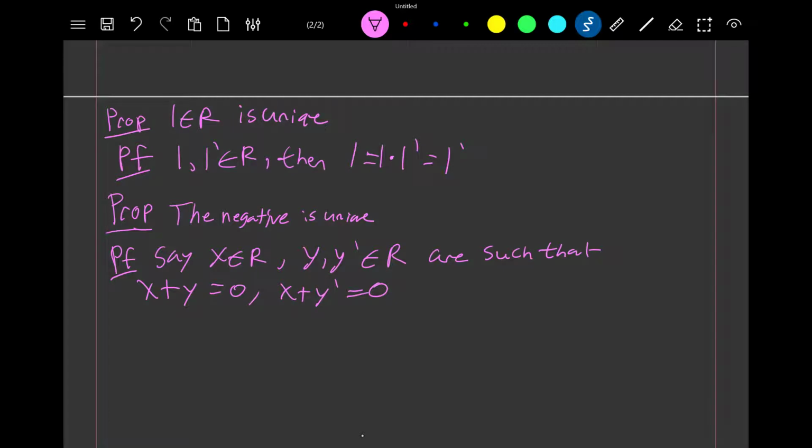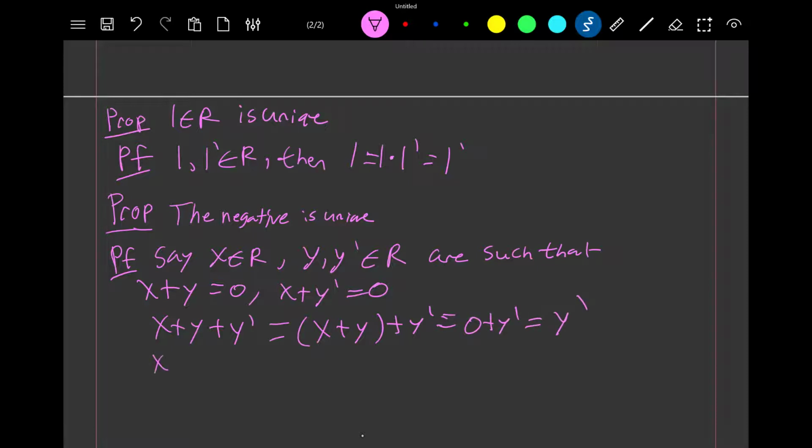So what we'll do is look at y plus x plus y prime. What is this equal to? Well, if we view the parentheses as y plus x, we know x plus y is 0, so this is 0 plus y prime, which is just y prime.